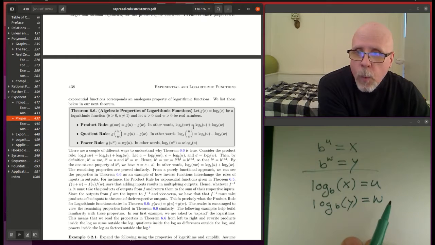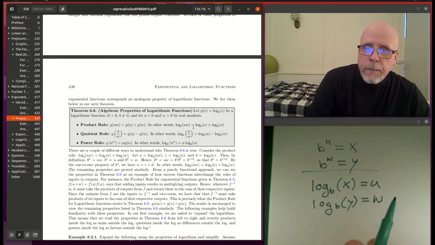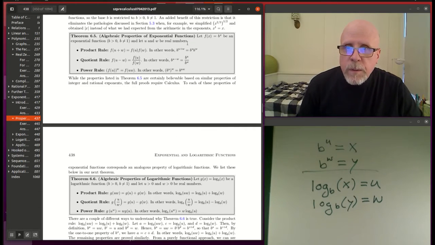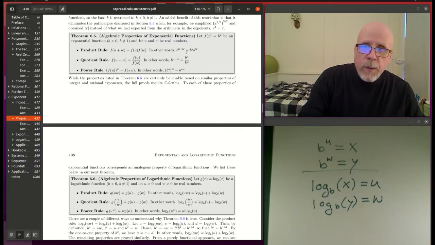Well, in the power rule as it was stated for exponential functions, we had b to the u plus w equals b to the u times b to the w.